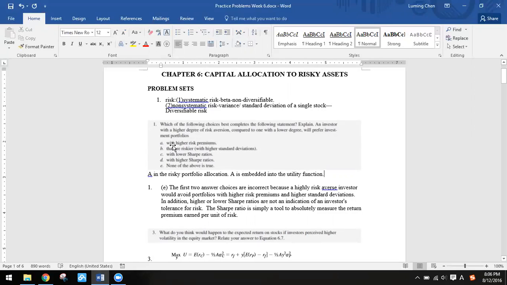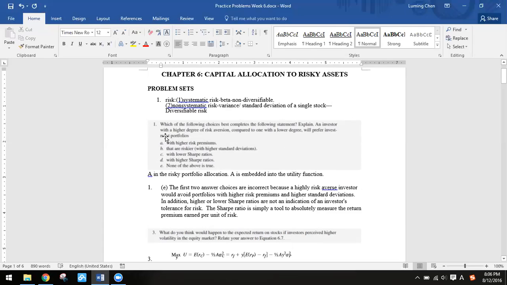And what's more, if you have a higher degree of risk aversion, it means you are more risk averse to this stock or this bond or this portfolio.